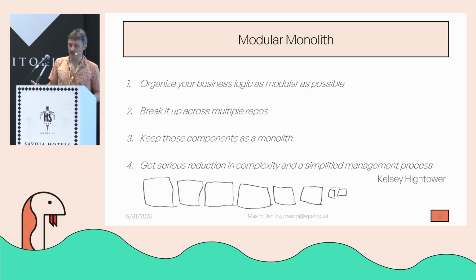Organize your business logic as modular as possible, break it up across multiple repositories, keep those components as components. How is it possible? I will show you. And you can get a serious reduction in complexity, and you can simplify the management process.